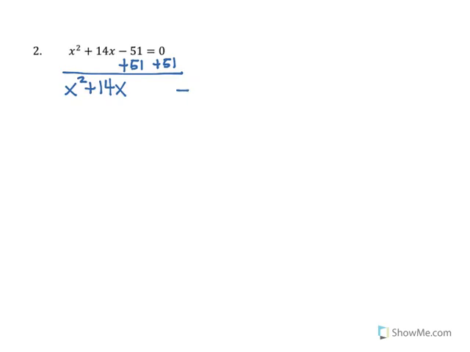Now, I like to give myself a decent amount of space, mainly because I write so big half the time, but that's just so I can add in for my next step the b/2² term, and I don't have to rewrite it. So, off to the side, we're going to find what b is, what b/2 is, and what b/2² is.